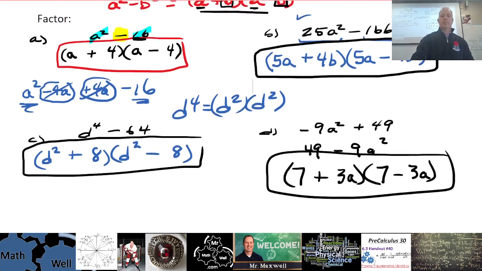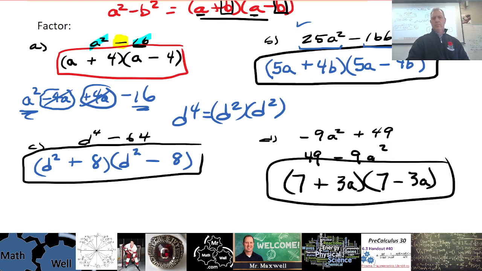If you did negative 3a plus 7, and then 3a plus 7. Yeah, if you did a negative 3a plus 7 and a positive 3a plus 7, that's fine too. I just would rather not get too hung up on the negative part. Here's the thing. The square root of negative 9a squared, you have to be real careful with this because nothing squared gives you a negative.